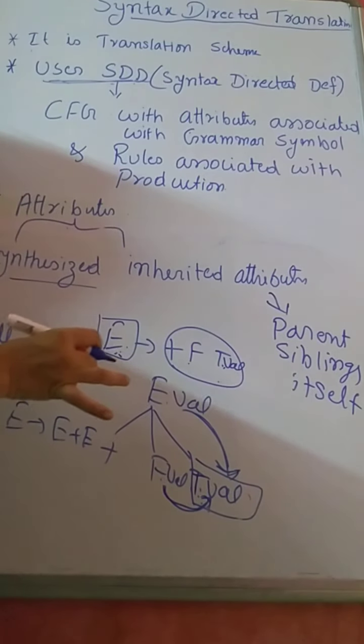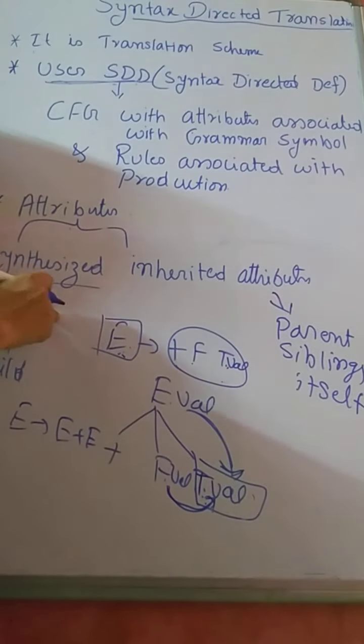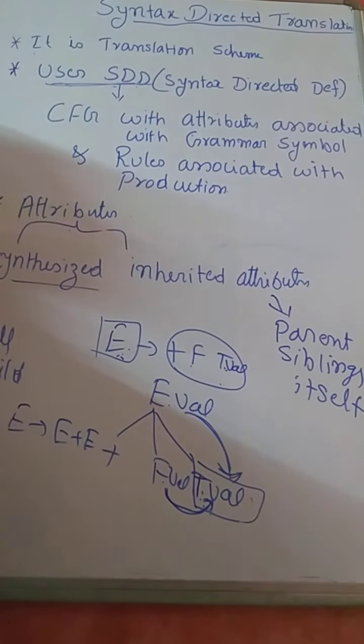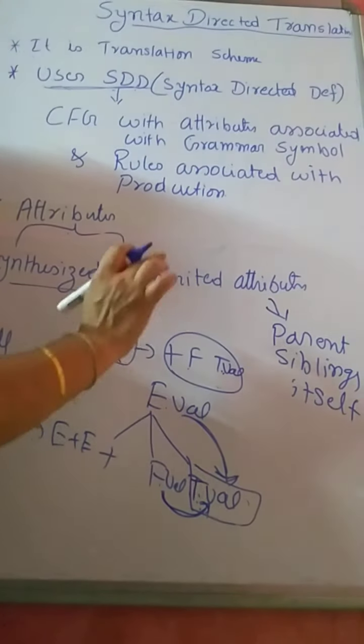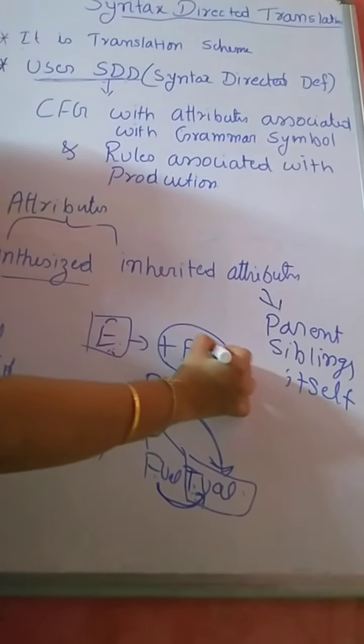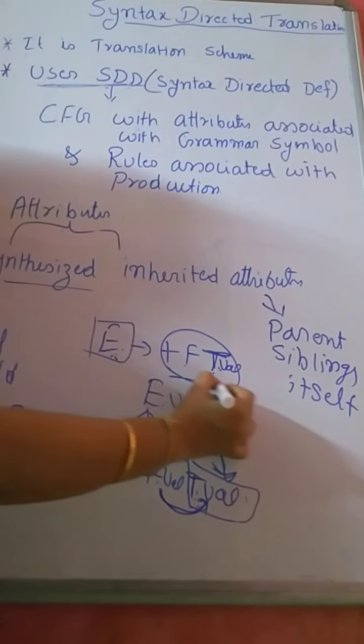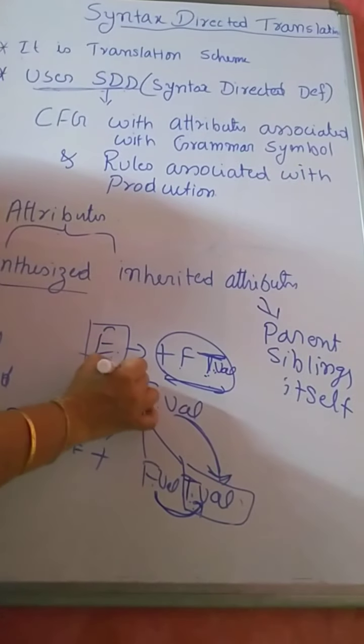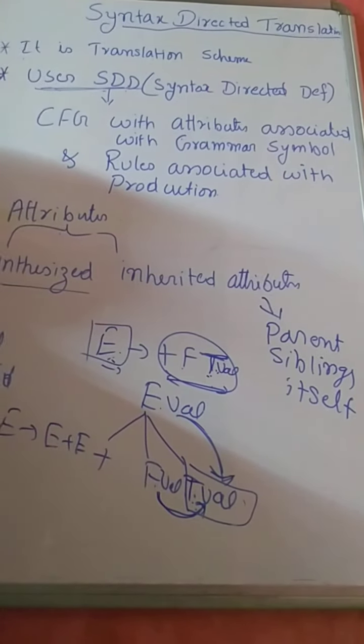But usually this can be at the head or the body. When I take inherited attributes, they are attributes associated with a non-terminal which will be in the body of the production, not at the head of the production.